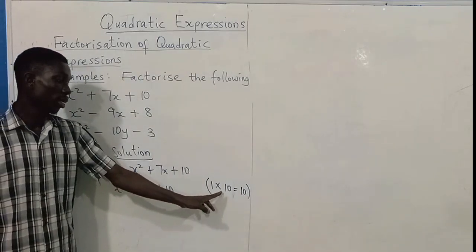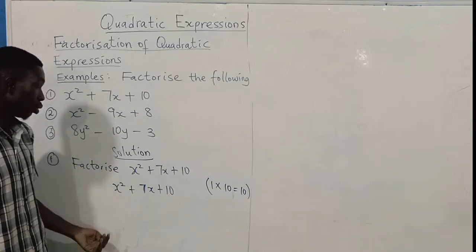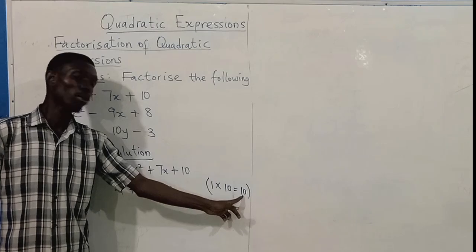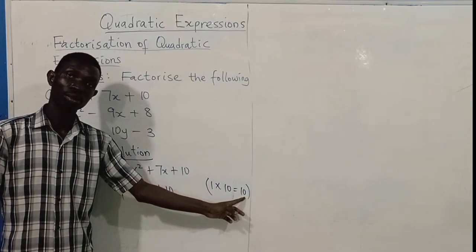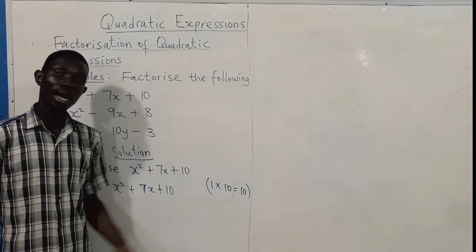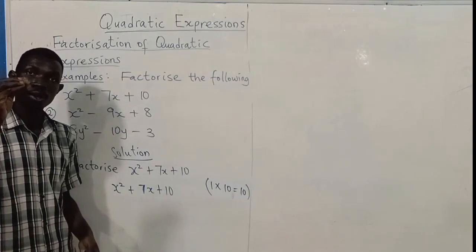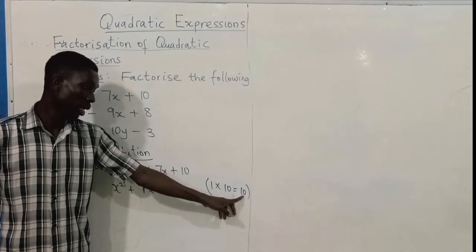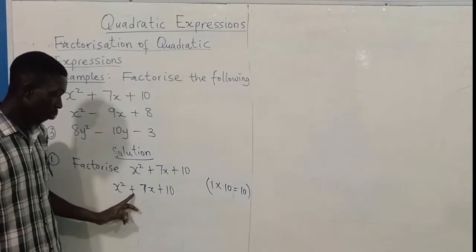So after multiplying the coefficient of x squared and the constant term, the next thing to do is to look for two factors of 10, such that when we multiply them, we'll get 10, and when we add them, we'll get 7.